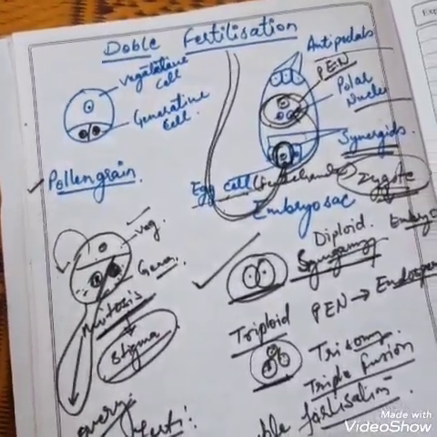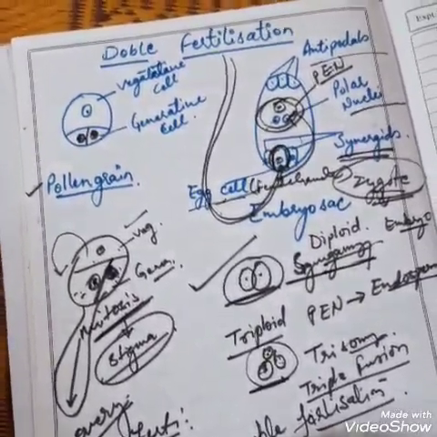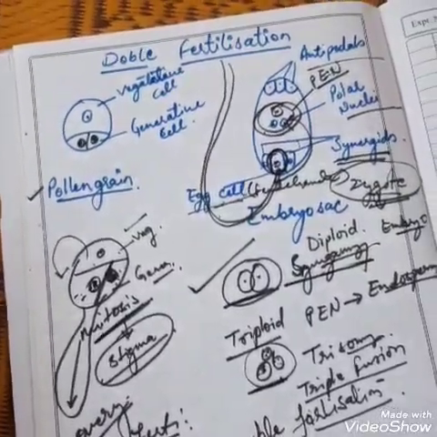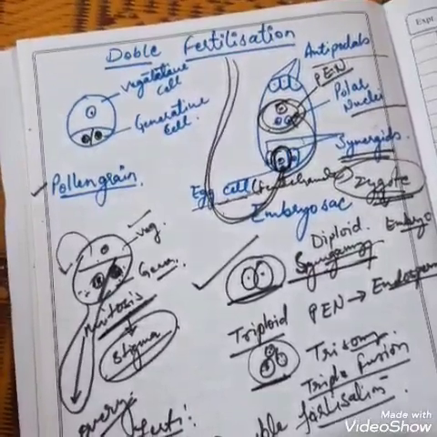The ovule changes into seed, and the zygote changes into embryo.